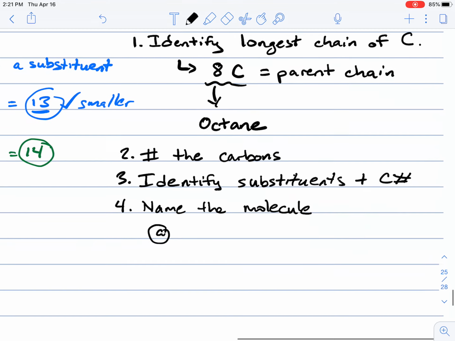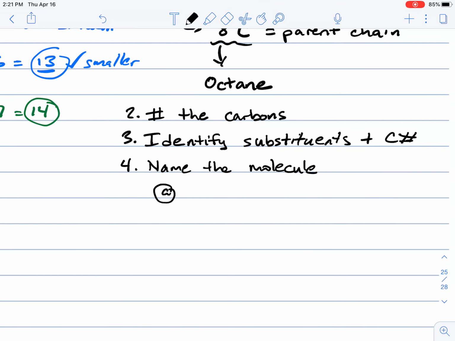And we want to name the substituents first. And you're going to do it through alphabetical order.